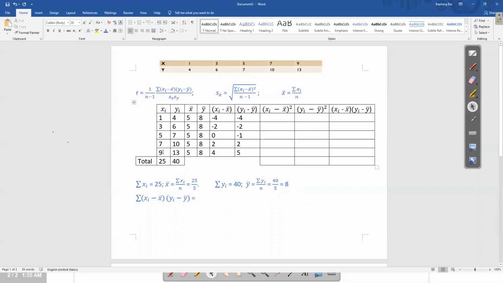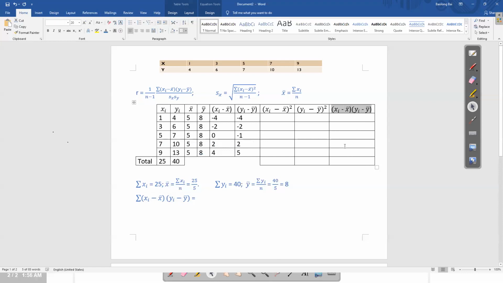And just like this is the sum of xi, this is the sum of yi, right? If we have a column xi minus x bar times yi minus y bar, then the column total of that will be the sum of xi minus x bar times yi minus y bar, right? So that's why we create a column here. If you calculate all the numbers in here, the column total will be the sum of this, right?